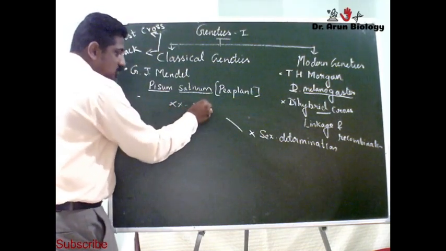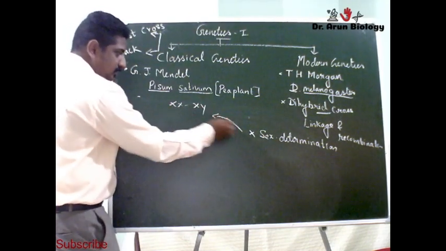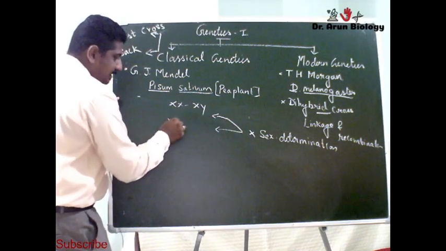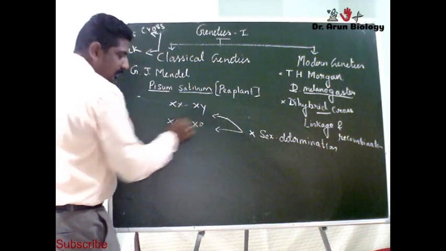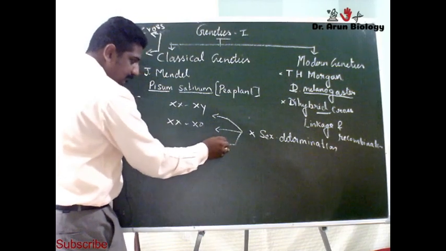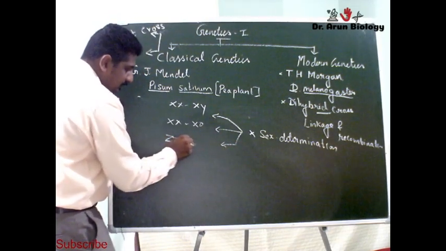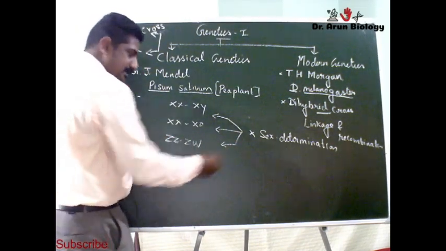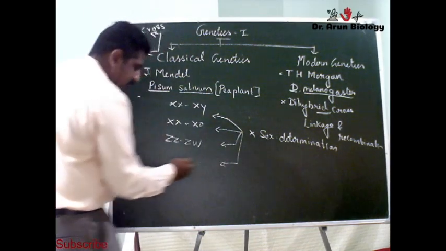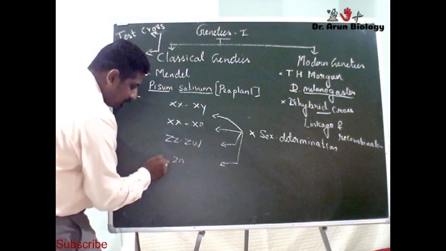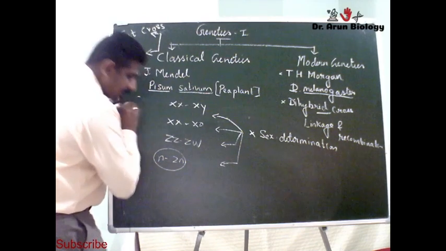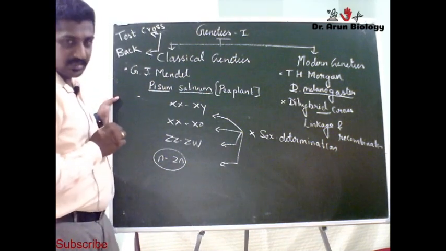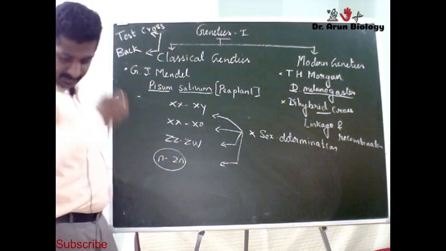Number 1, XX, XY type of sex determination. Number 2, XX, X0 type of sex determination. ZZ, ZW type of sex determination. And next is haplodiplontic sex determination. Four types of sex determination we are going to discuss.